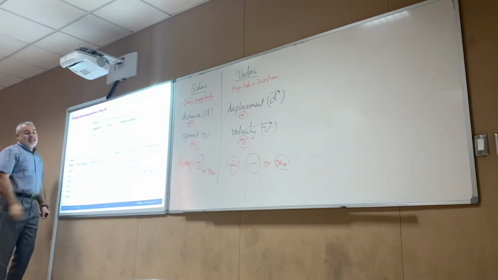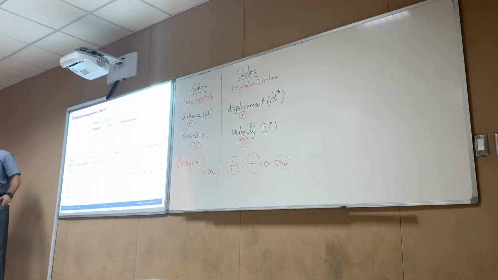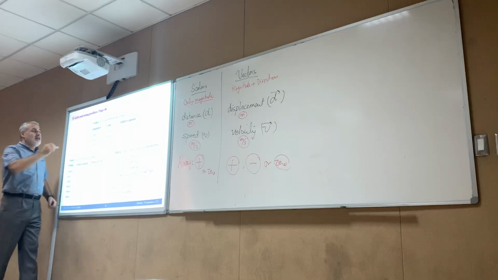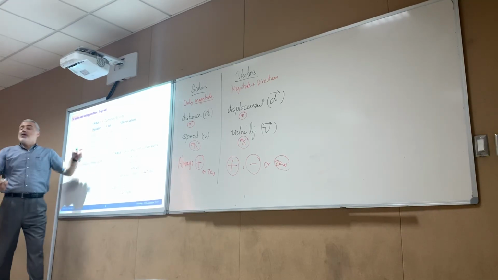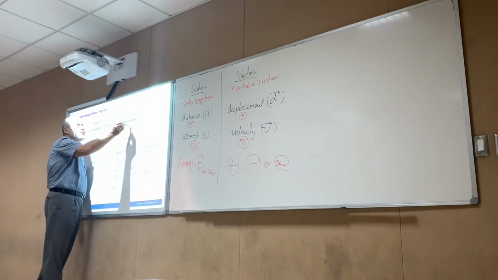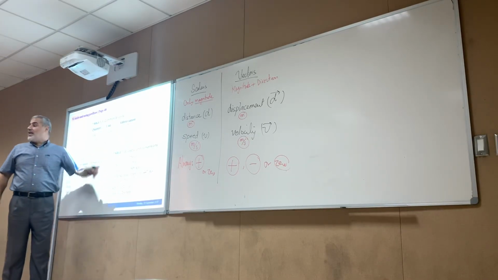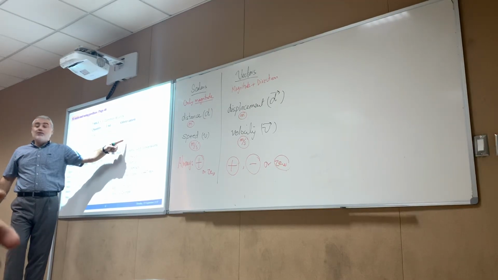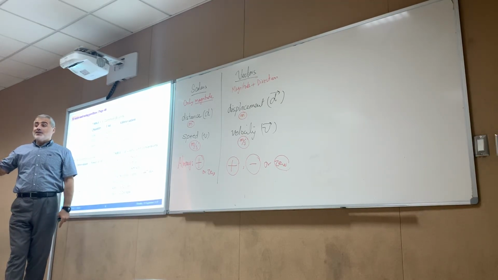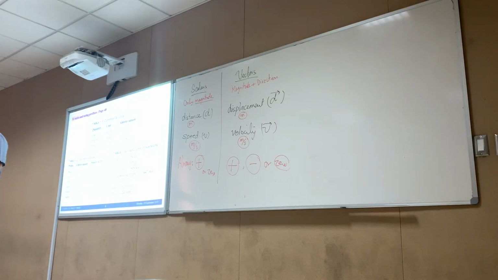Okay. We have actually 3 tables here. You should know the first table and the second table. In the first table we talk about the SI units: second for time, meter for length, and kilogram for mass. The idea is, if you have any one of these in another form, you have to convert it.